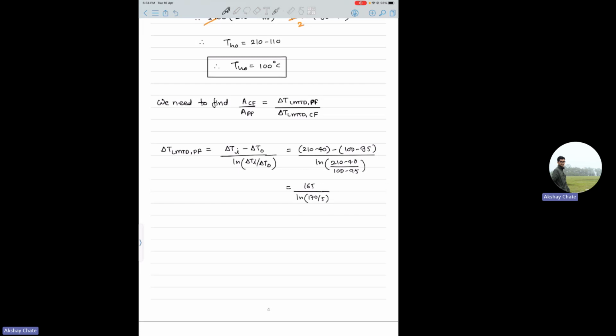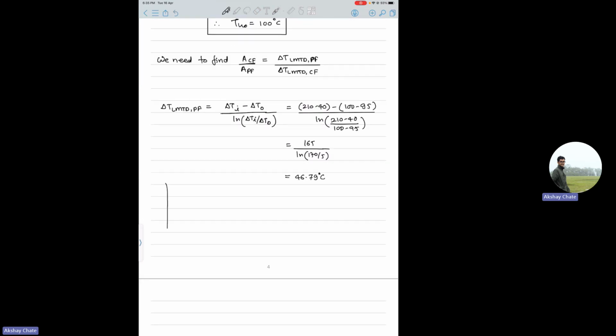So it is 165 divided by ln 170 by 5, which is 46.79 degrees Celsius. And if it is a counter flow heat exchanger, the arrangement will look something like this.